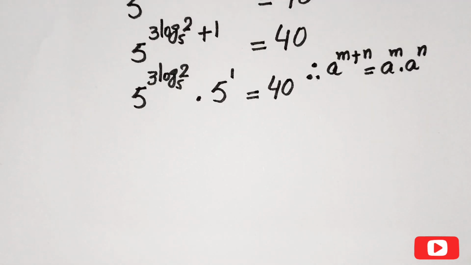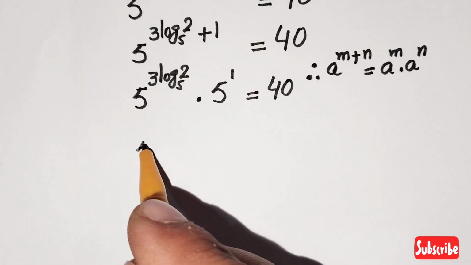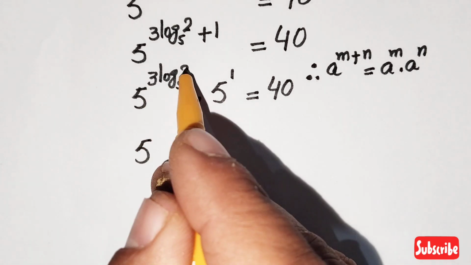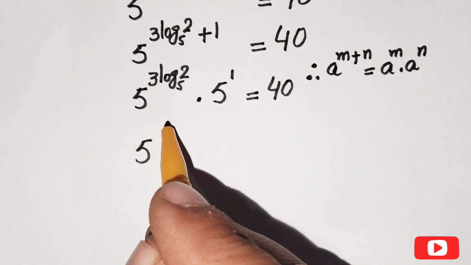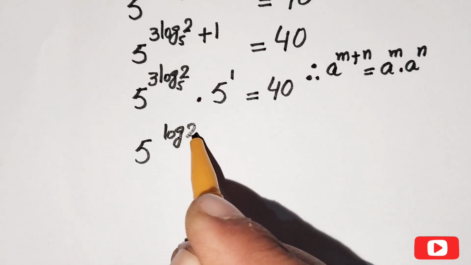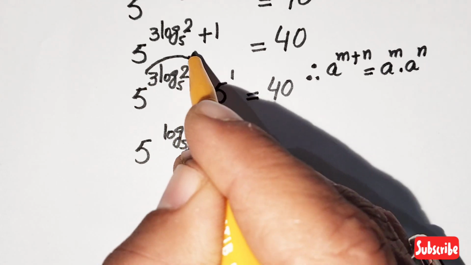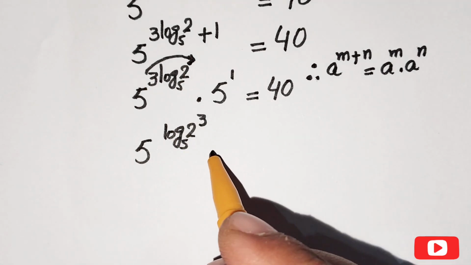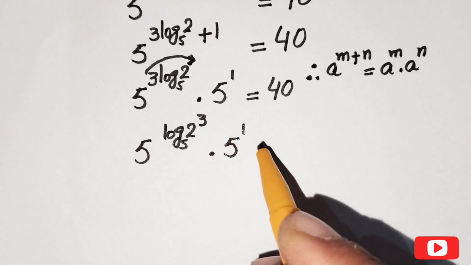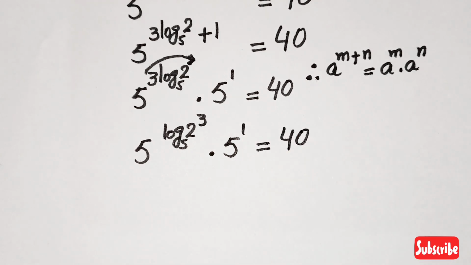Now we can see that this 3 goes to the power of 2, so we can write it as log 2 power 3 with base 5. Then 5 raised to the power 1 is equal to 40.